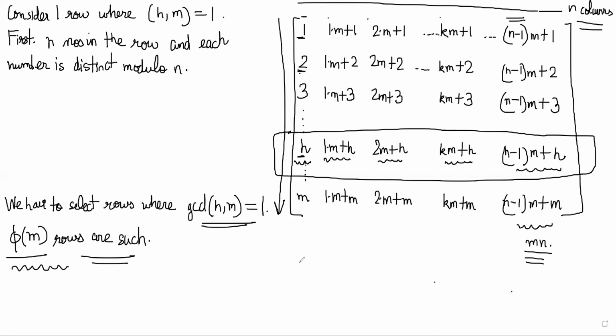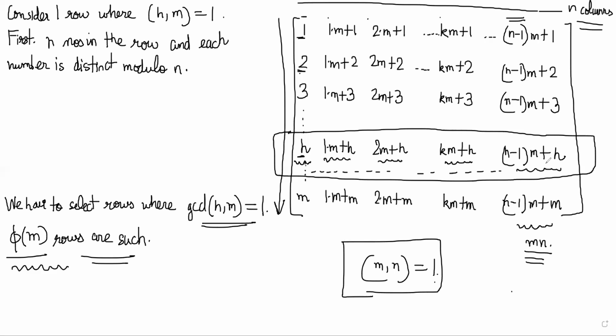Each number is distinct modulo n because the row is h, m plus h, 2m plus h, until (n minus 1)m plus h, and m and n are co-prime. We can prove it by taking two different elements, jm plus h and km plus h.